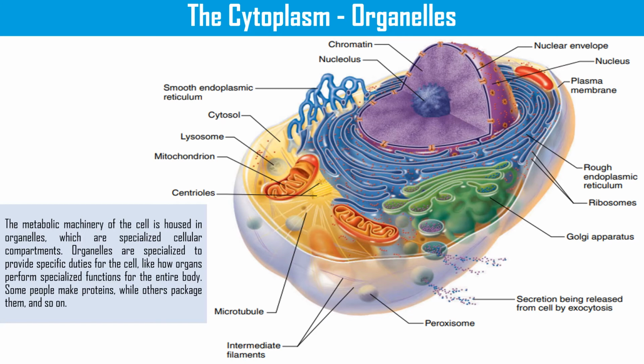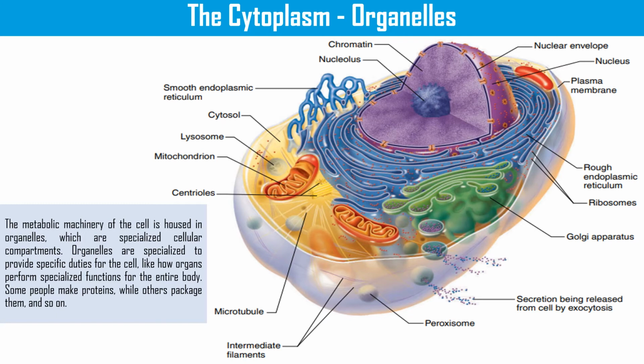Many organelles are bounded by a membrane similar to the plasma membrane. These membrane boundaries allow organelles to maintain an internal environment quite different from that of the surrounding cytosol. This compartmentalization is crucial to their ability to perform their specialized functions for the cell.